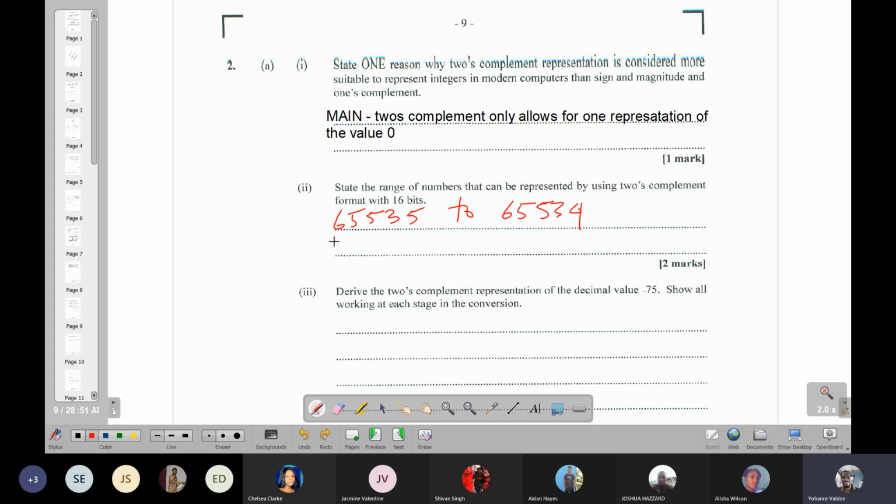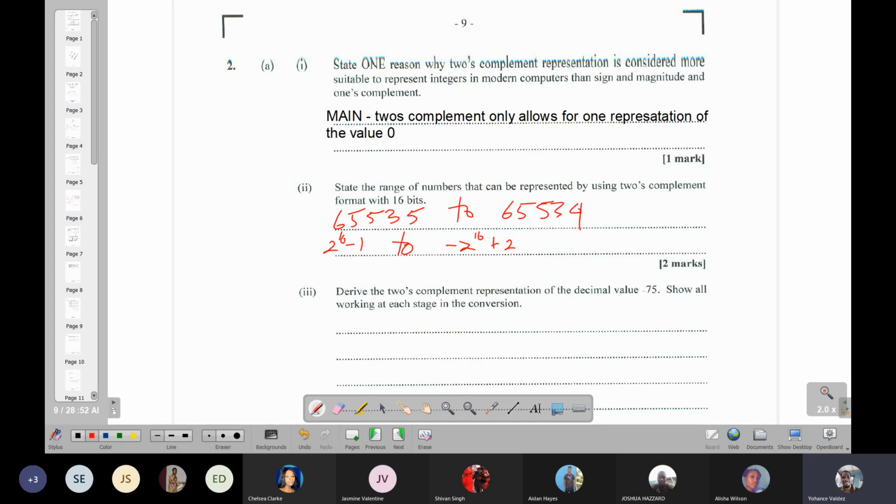Or you could go 2 to the power of 16 minus 1 to negative 2 to the power of 16 plus 2. So this would be a way of representing it too.